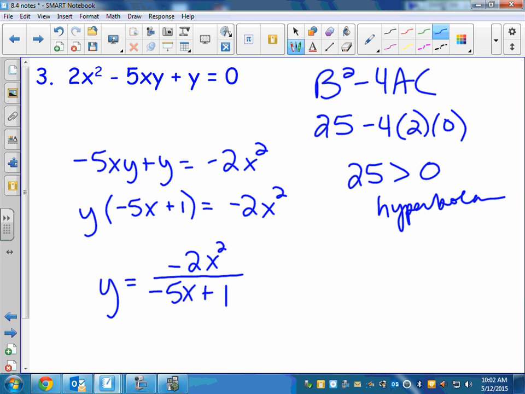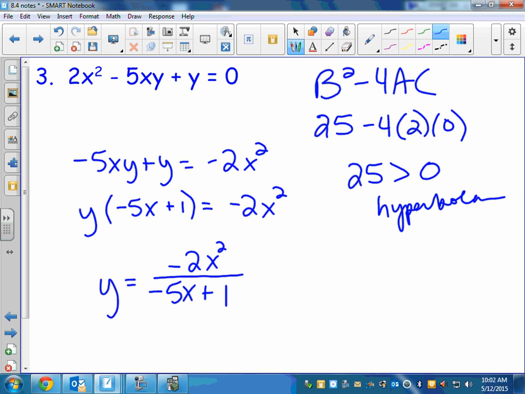So if you want to do the quadratic formula where a is 0, I promise you're going to get the same thing. That's quadratic, yes. Why am I not doing that here? Because there's no y squared. You see what I'm saying? So I'm just trying to show you that I think it's easier than doing the quadratic formula: just get the y's together, factor the y out, and you can solve for y.